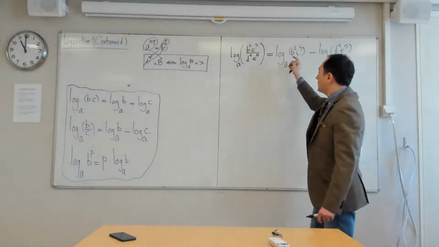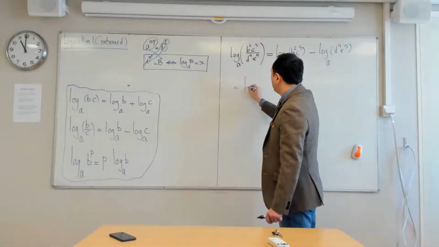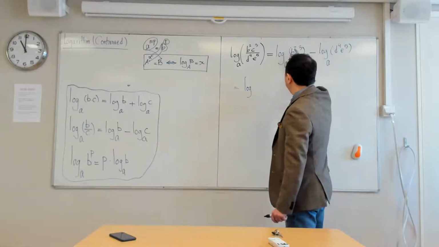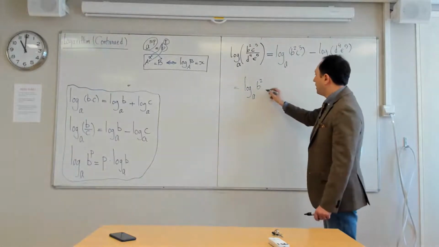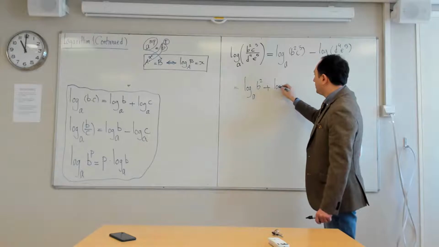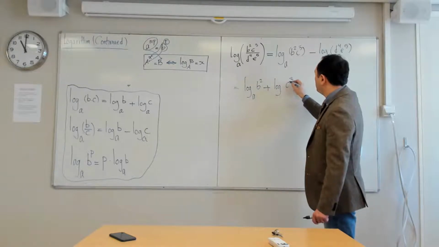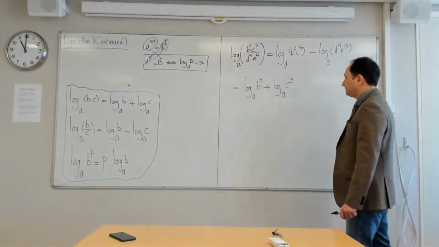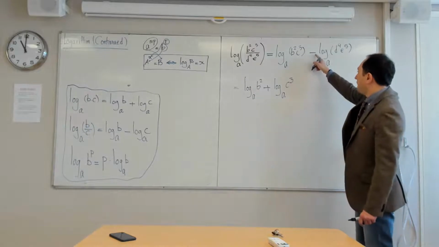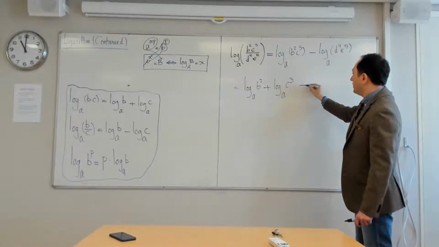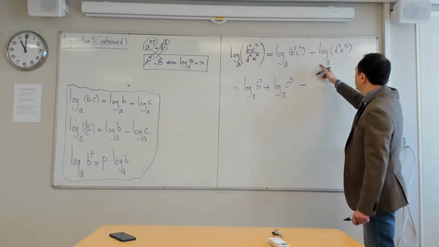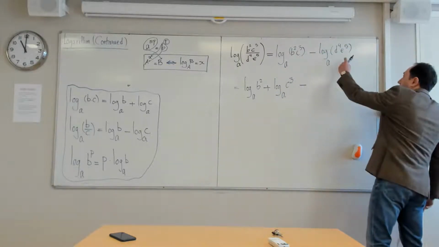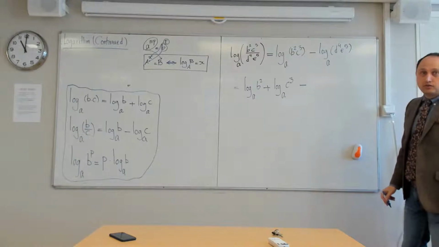So if I use the product rule here, this becomes the log of b squared in the base a plus the log of c cubed in the base a. But this minus sign, I have seen students make this mistake. This minus sign is for the whole expression, but the whole expression is a product rule.